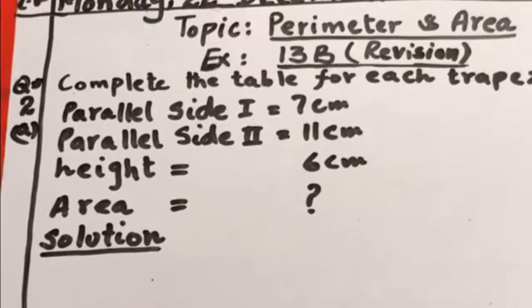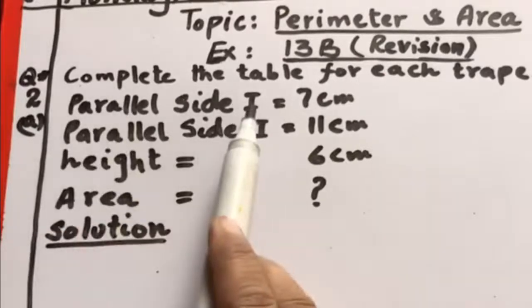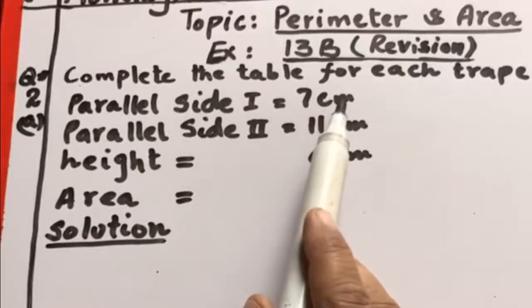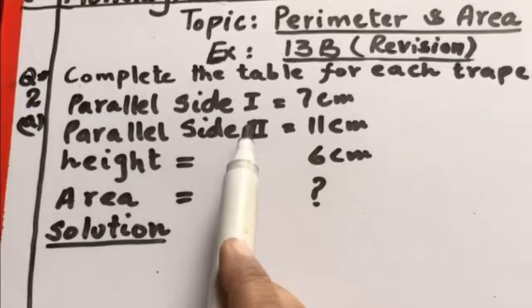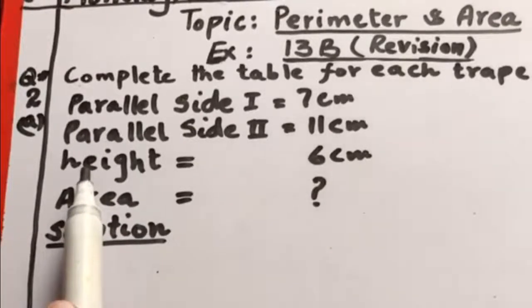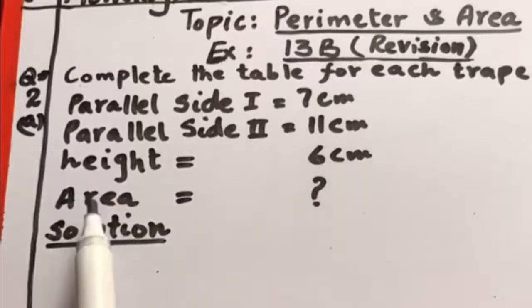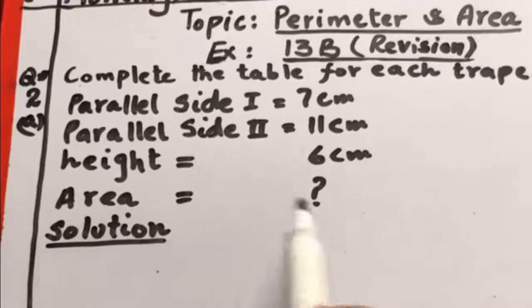So in part 1, the parallel side 1 is given, which is 7 centimeter, and the parallel side 2 is also given, which is 11 centimeter, and the height of a trapezium is given, which is 6 centimeter. Now we have to find the area of a trapezium.